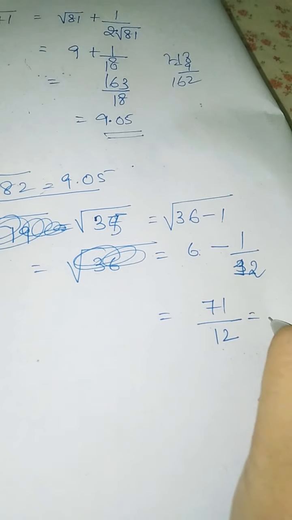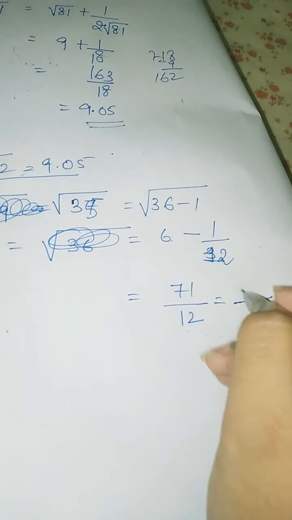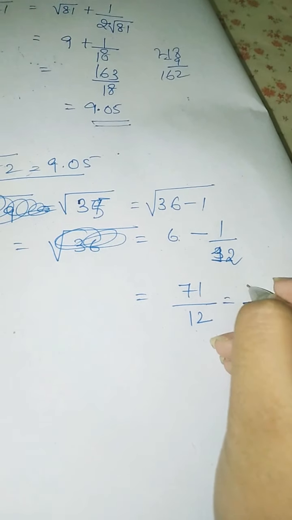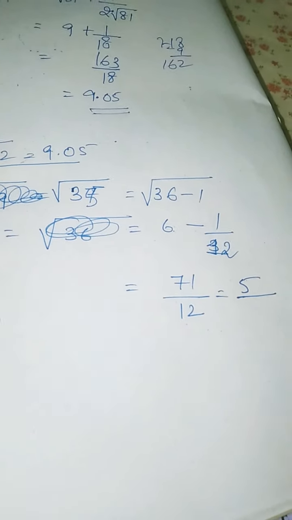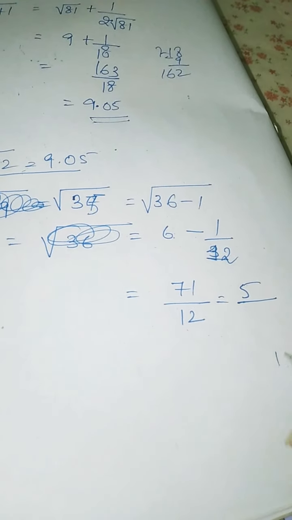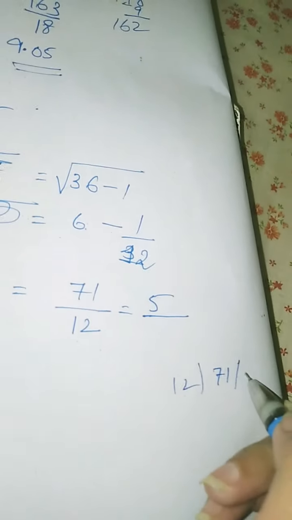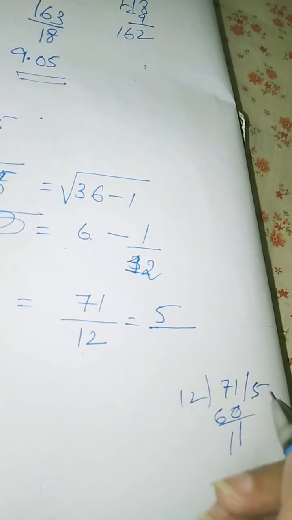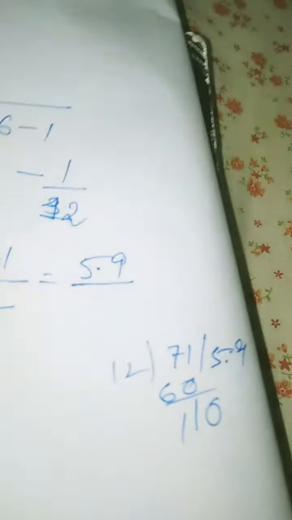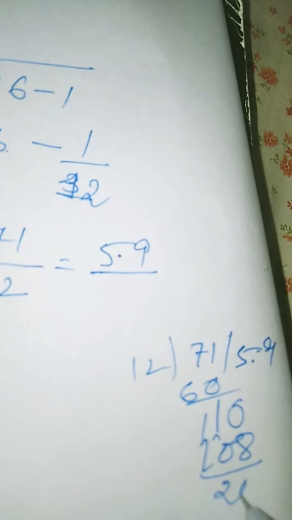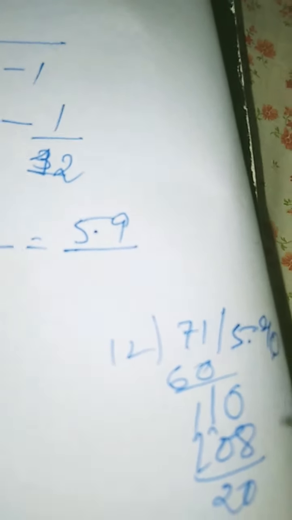So on solving this we will get the number in decimal, which is 5.9, 5.91.